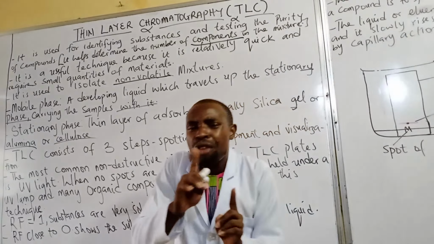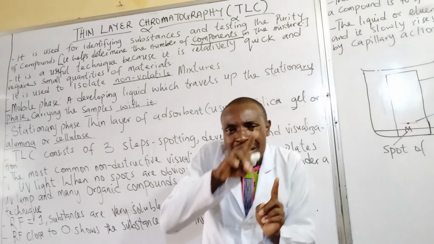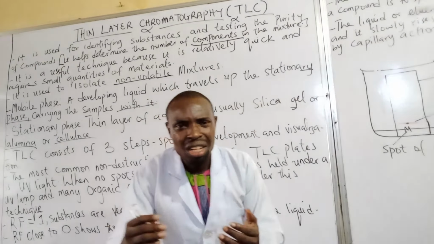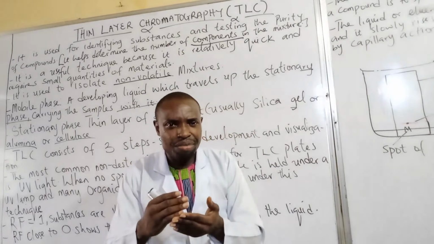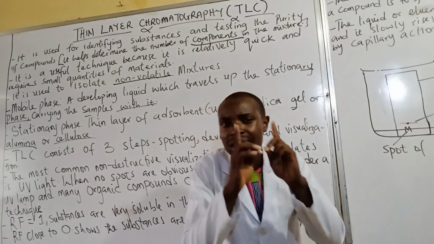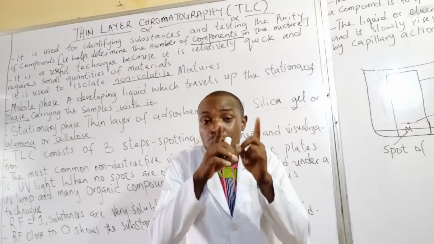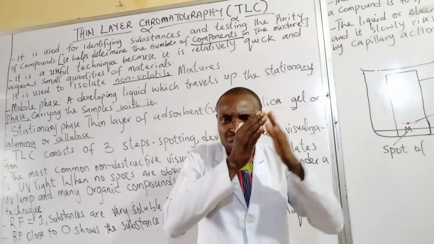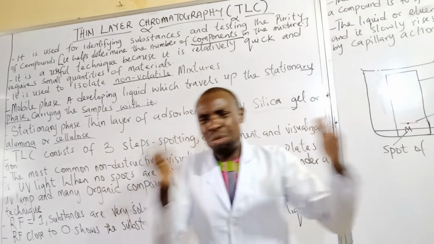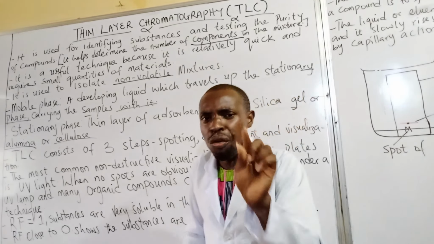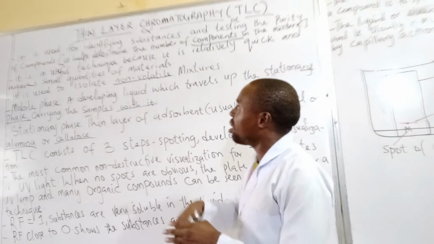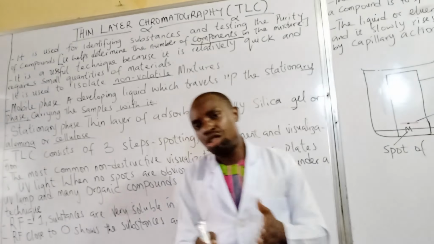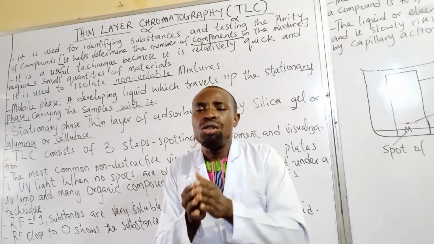But in the case of impure, different spots, two or three or four spots, are identified. With the use of thin layer chromatography, we can differentiate between pure and impure substances. Please do not forget that thin layer chromatography helps in the determination of the components in the mixture.